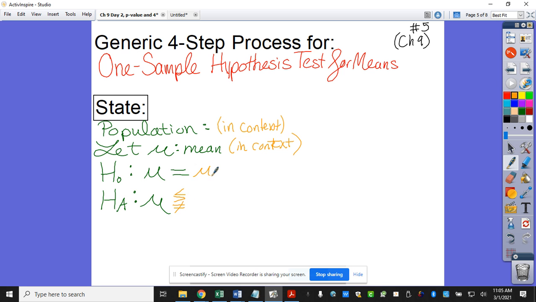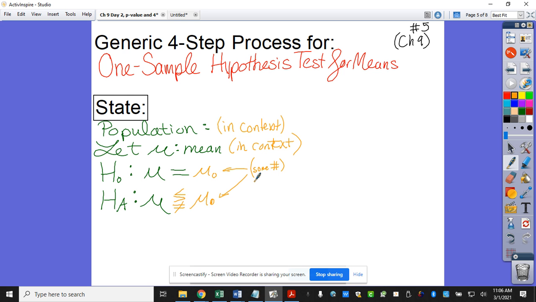And then we call this mu naught, but this is just some number, and it's the same number in both. A lot of times I don't even call it mu naught yet. You'll usually just put a number there, not even thinking about the fact that it's mu naught. When we get to p, we have to use p naught, so I just go ahead and talk about it that way.